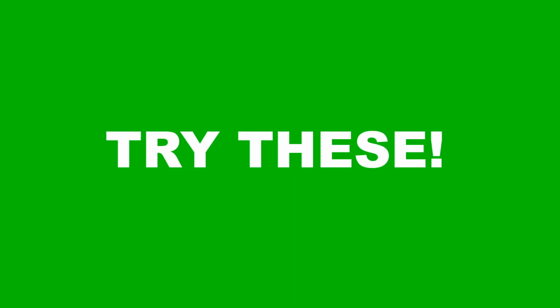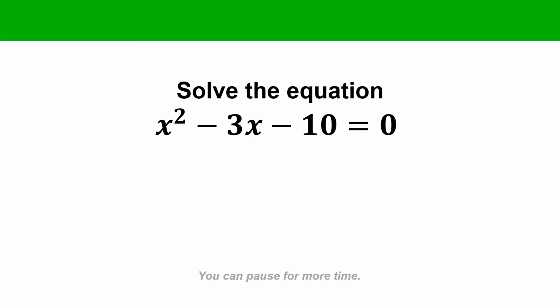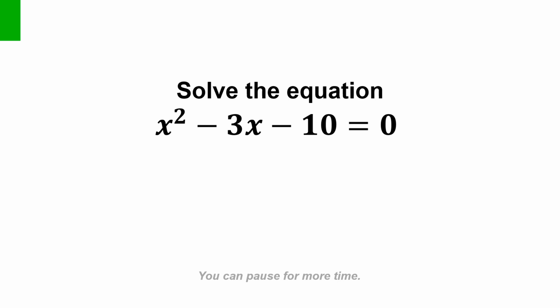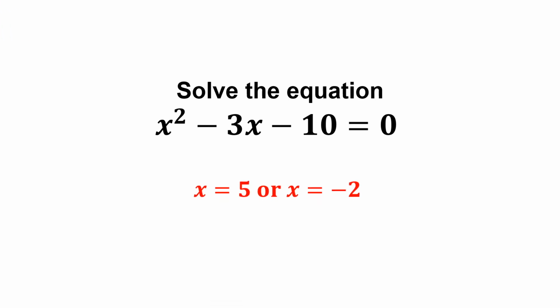Now, try this. Solve the equation x squared minus 3x minus 10 is equal to 0 by factoring. The roots are x is equal to 5 or x is equal to negative 2.